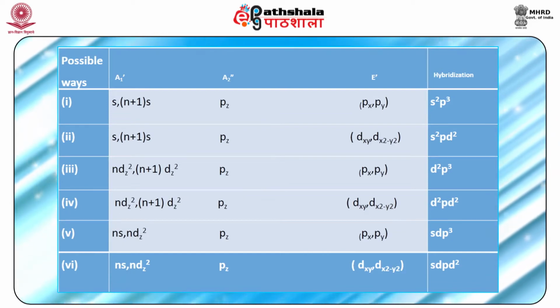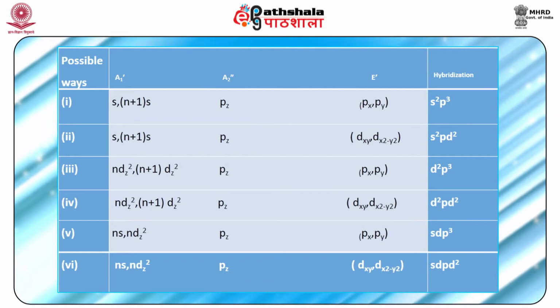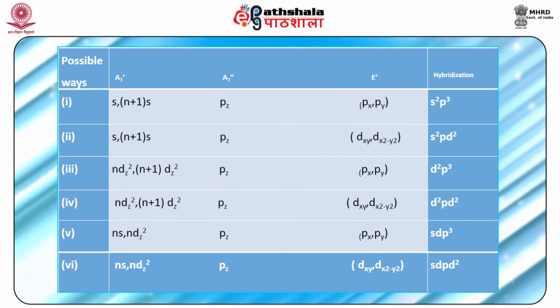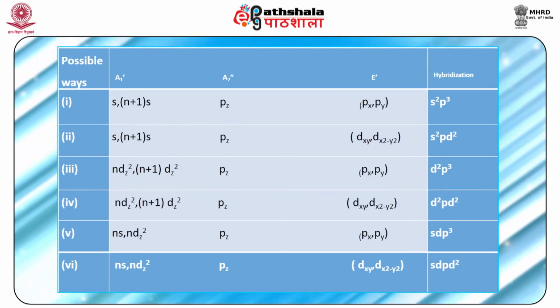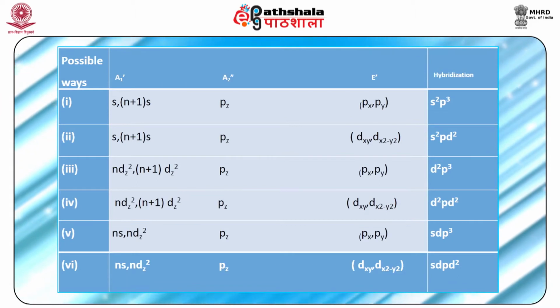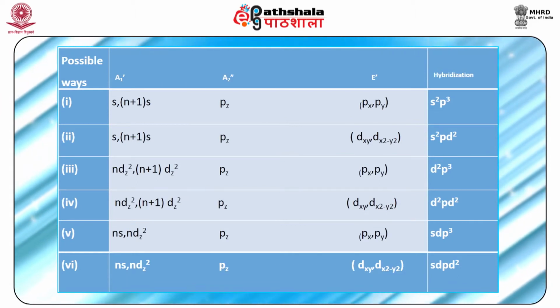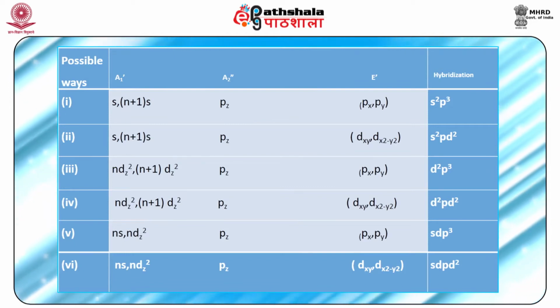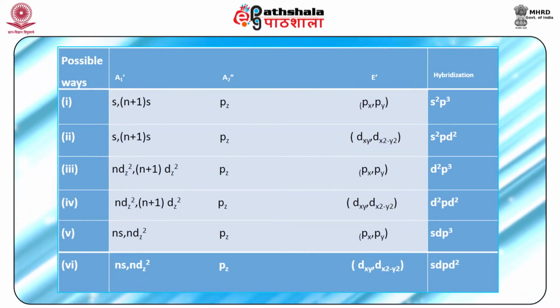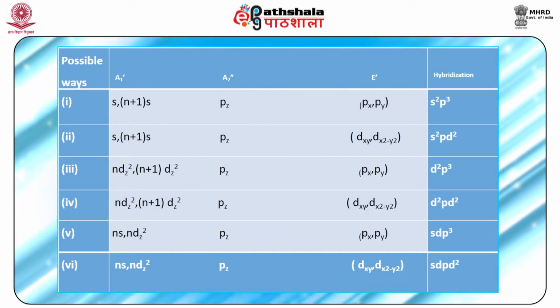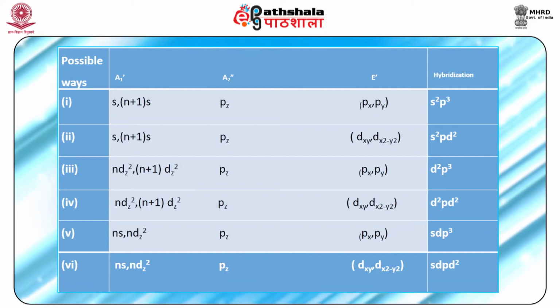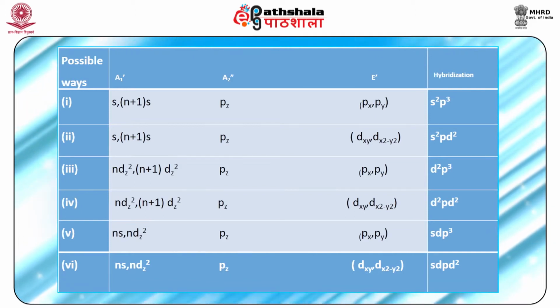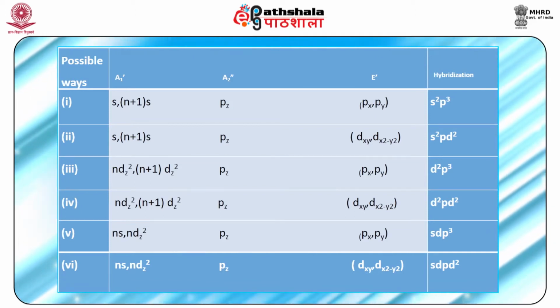And for molecular structures with trigonal bipyramid geometry, that is the D3h point group or PF5 molecule, energy considerations make combinations 1 to 4 of little importance, as we are using atomic orbitals from n and n plus 1 levels, which are not of the right symmetry.